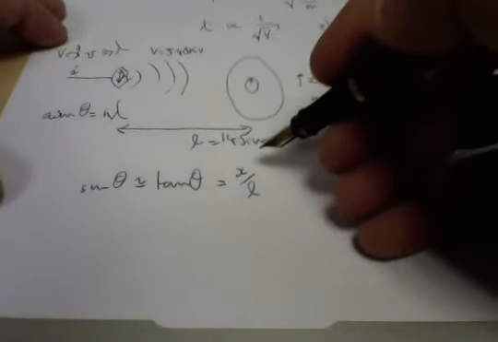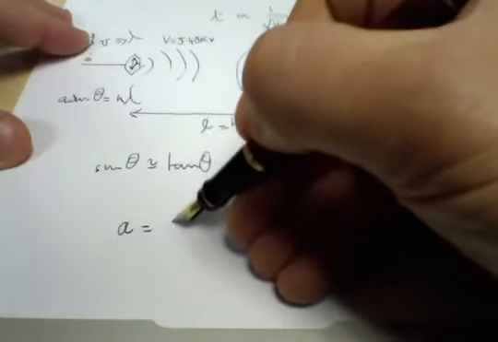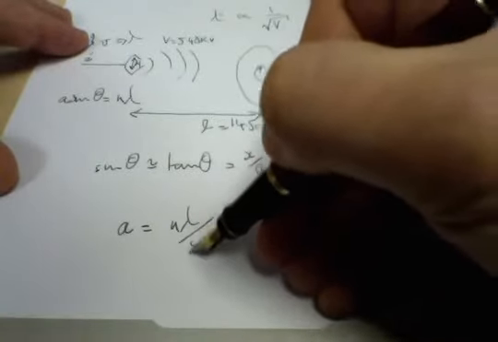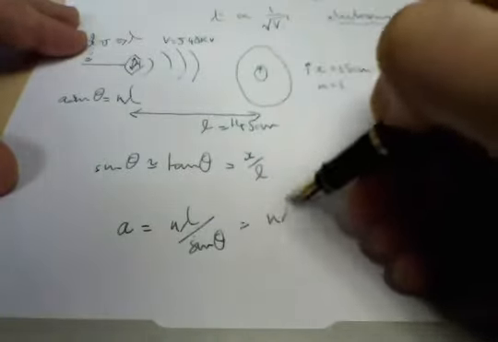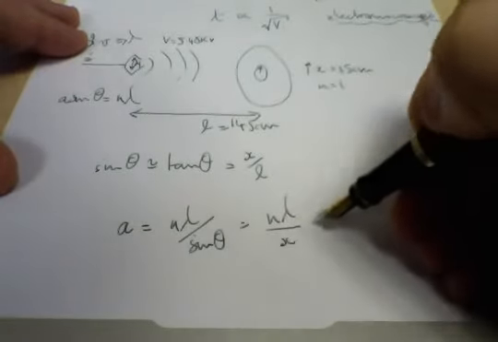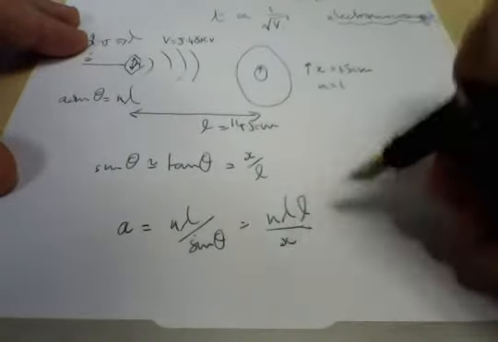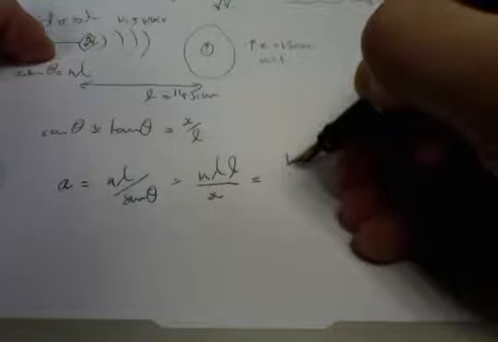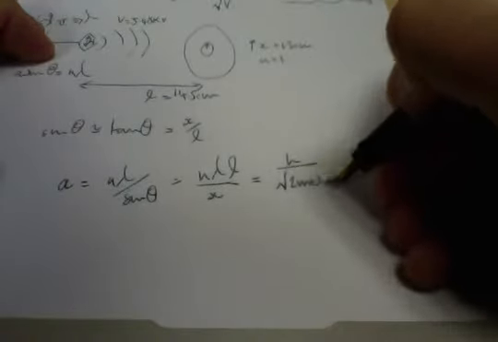So if I plug it all into the same equation, what I come out with is that a is n lambda over sine theta, n lambda over x, L at the top. And I know my expression for lambda up here. That gives me a rather large equation: h over the root of 2meV, times L divided by x, because I'm looking at the first maxima here.